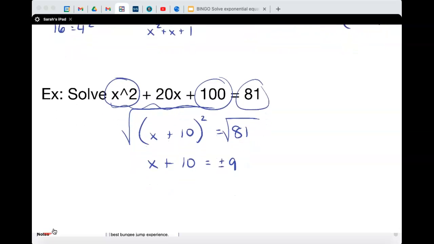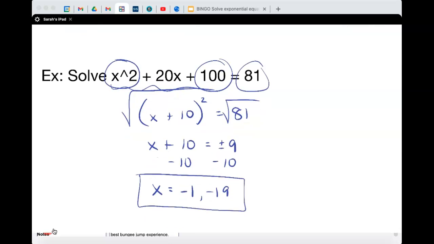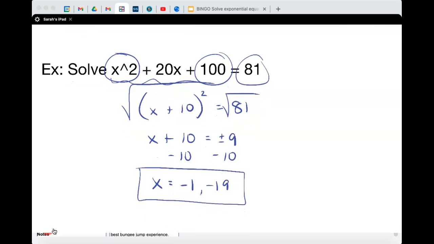Okay, so now we can subtract 10. So I should have two answers: positive 9 minus 10, which is negative 1, and then negative 9 minus 10, which is negative 19. That's not bad. This is just a start. I'm easing into it.